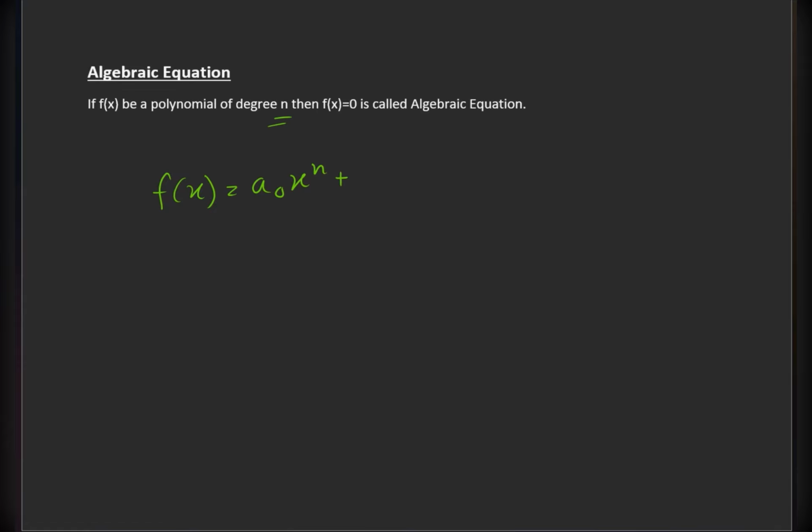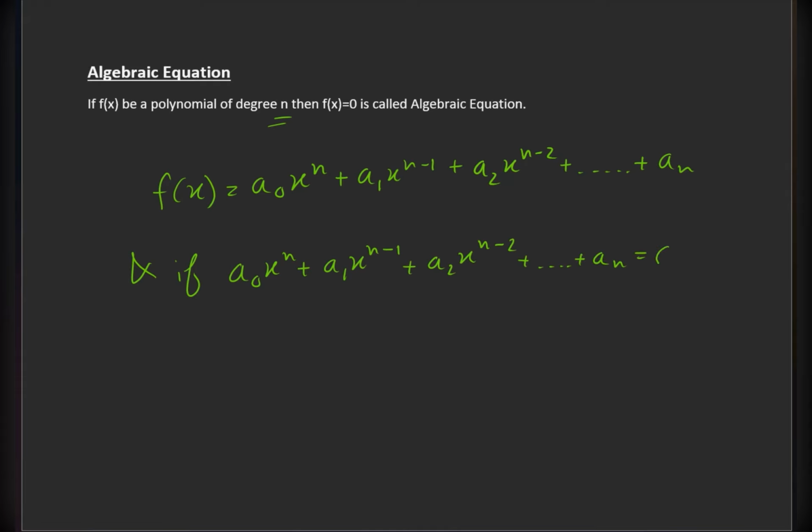Let us say f of x equal to a naught x to the power n plus a1 x to the power n minus 1 plus a2 x to the power n minus 2 plus an. And if a naught x to the power n plus a1 x to the power n minus 1 plus a2 x to the power n minus 2 plus an equal to 0, then f of x is an algebraic equation.